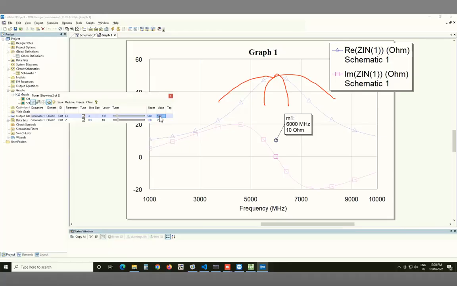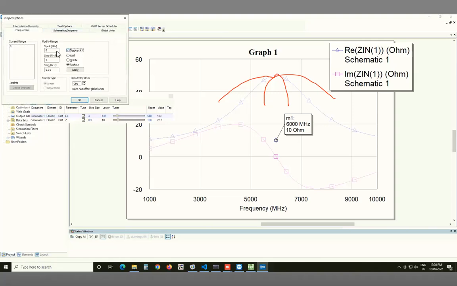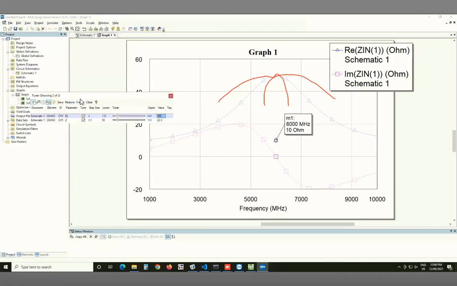But now coming to Suraj, to your point, if I now sweep this frequency here, it now gives you the opposite sign.